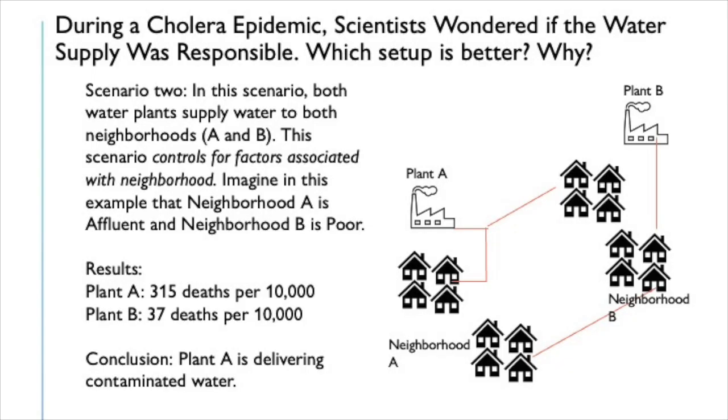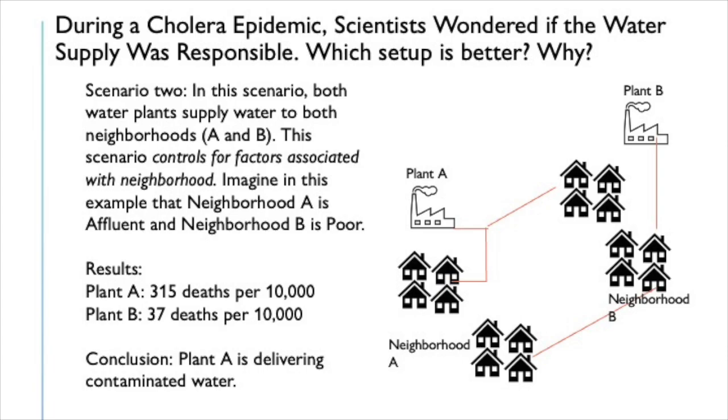Now, in scenario B, remember that's when we divided the neighborhoods up, and so each water plant delivered water to houses in both neighborhoods. We see something a little bit different. Plant A, which collected samples from neighborhood A and neighborhood B, had 315 deaths per 10,000, which is like twice as much as we saw in the previous data samples.